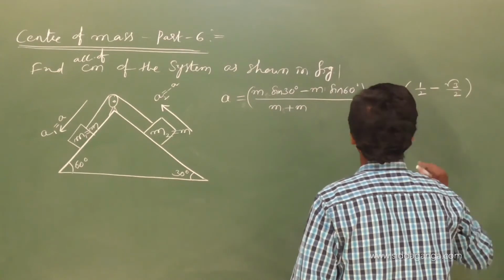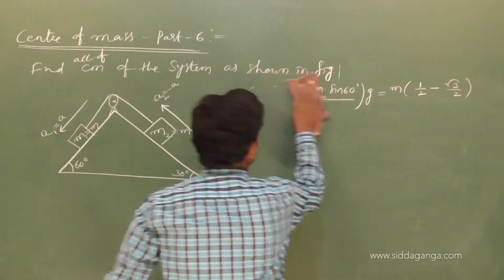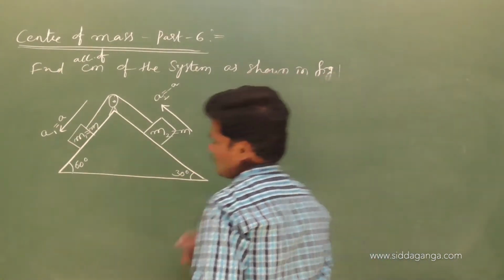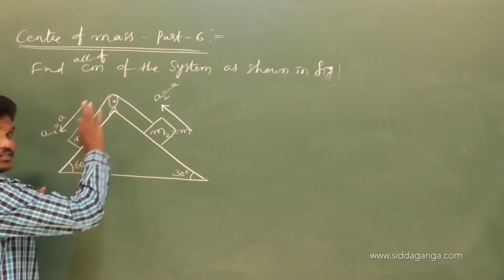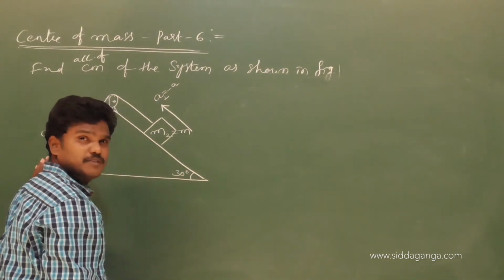And this is moving down. Better you can write it like this, taking the highest mass, the difference between the masses, otherwise you may get negative. So the earlier formula, a equals (m1 minus m2) by (m1 plus m2) into g.